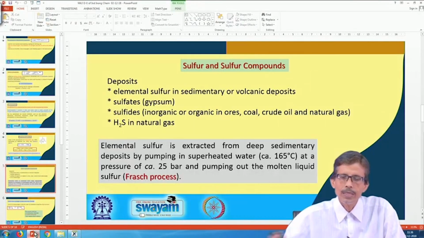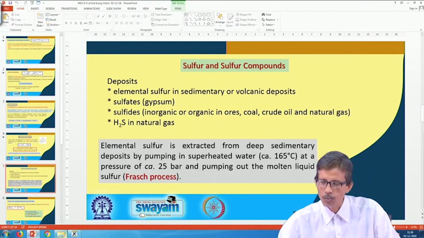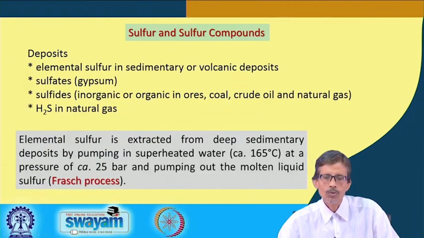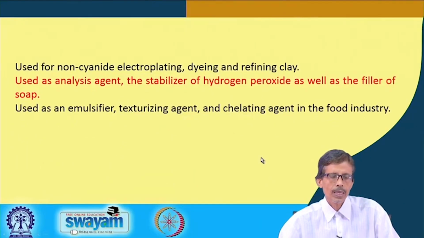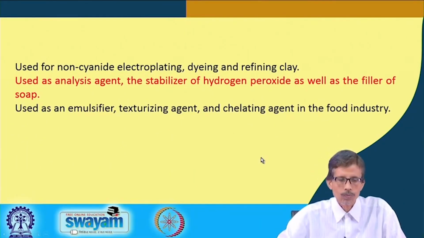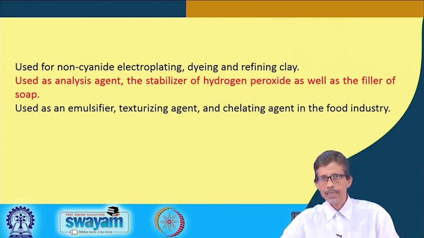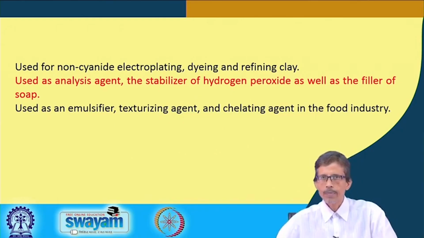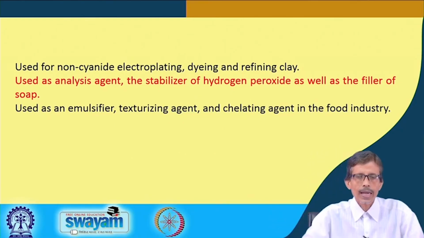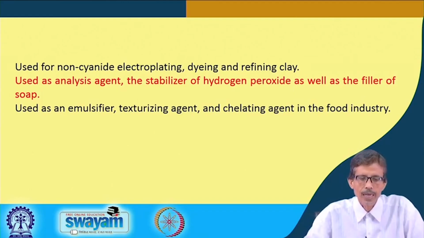So that we'll see here in terms of the corresponding compounds, that some of these compounds are very much useful. In terms of their applications, we get the use of cyanide, non-cyanide electroplating, in dyeing and refining of clay.